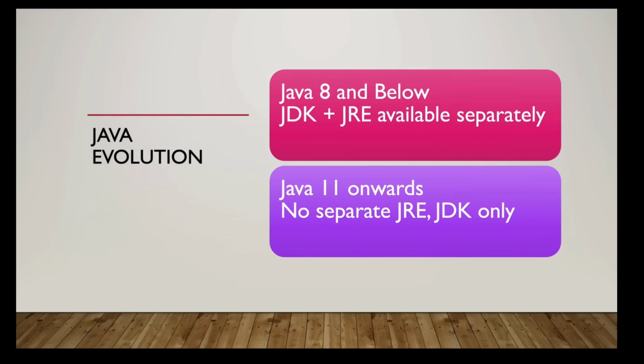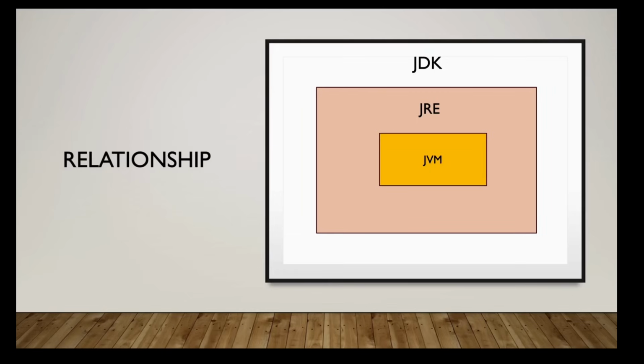JRE is now placed inside JDK. So we have JDK, inside JDK we have JRE, and inside that we have JVM. We need JRE anyhow, so it does not make sense to put it separately.